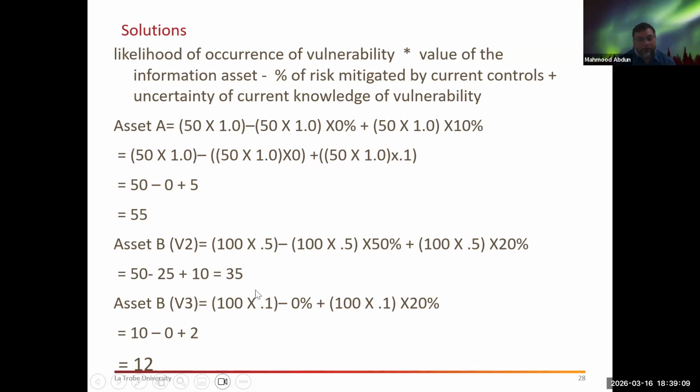If you don't have funds, let's say there is not enough money to have controls for this one, and currently there is no control for it. For asset B vulnerability 3, you have no controls. Let's say you add a control, and you can further reduce this risk from 12 to 6. Is that going to be a lot more beneficial to you? This is called cost-benefit analysis of controls, and this is something we're going to see next.